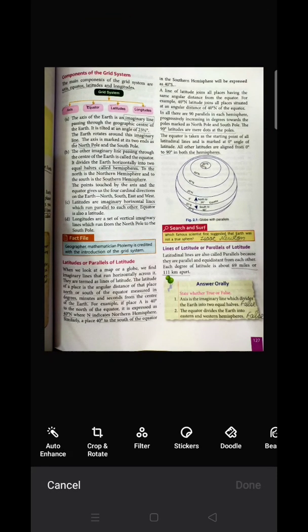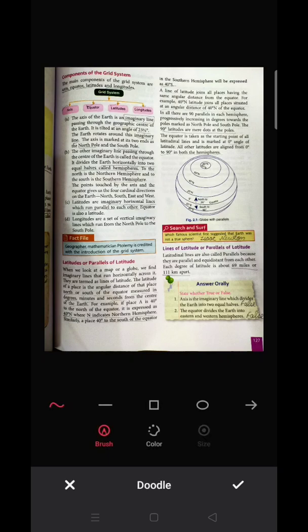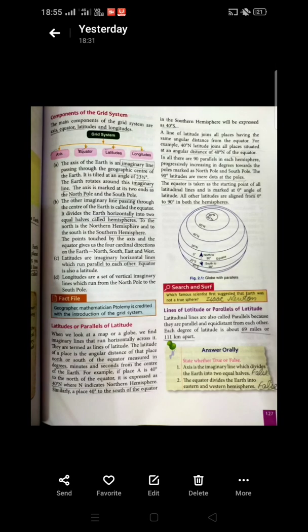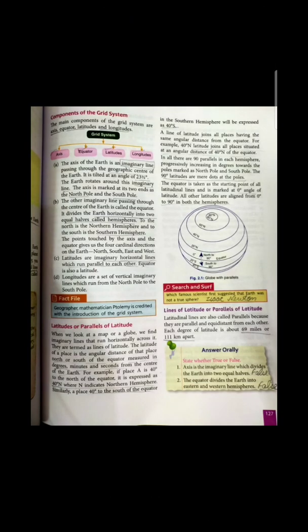Now what is the meaning of tilt? The tilt is represented by a line like this, slightly tilted. It is around 23.5 degrees, and the axis of the earth is also marked at its two ends, that is the North Pole and the South Pole.